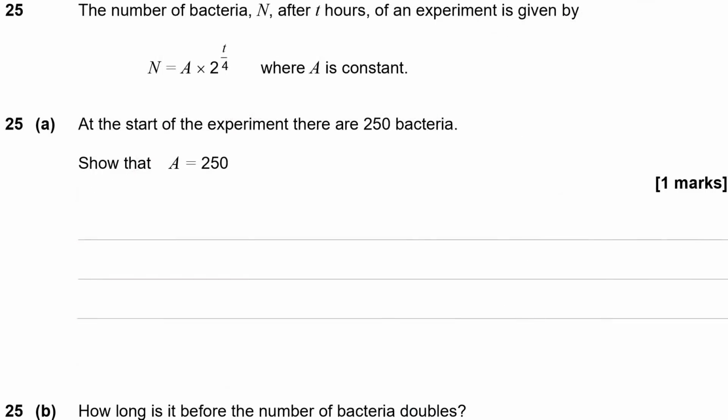So that's question 25. The number of bacteria n after t hours of an experiment is given by n is equal to a times 2 to the power of t over 4, where a is constant. At the start of the experiment there are 250 bacteria. Show that a is equal to 250. Okay, so at the start of the experiment then t is going to be equal to 0, isn't it? And we know that the number of bacteria n is 250.